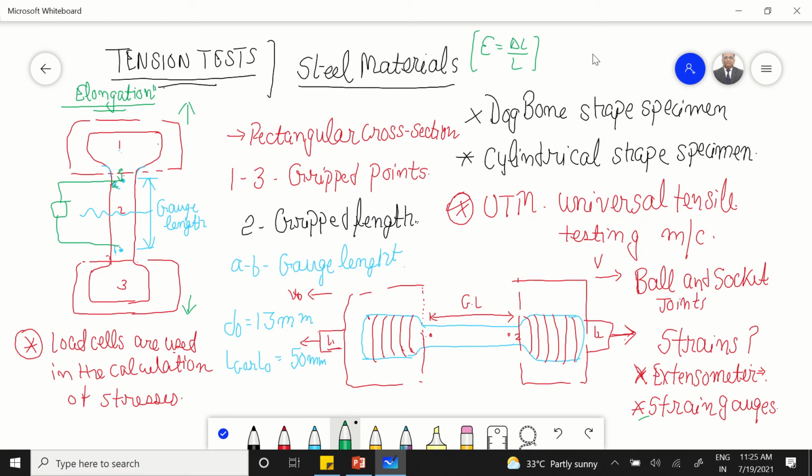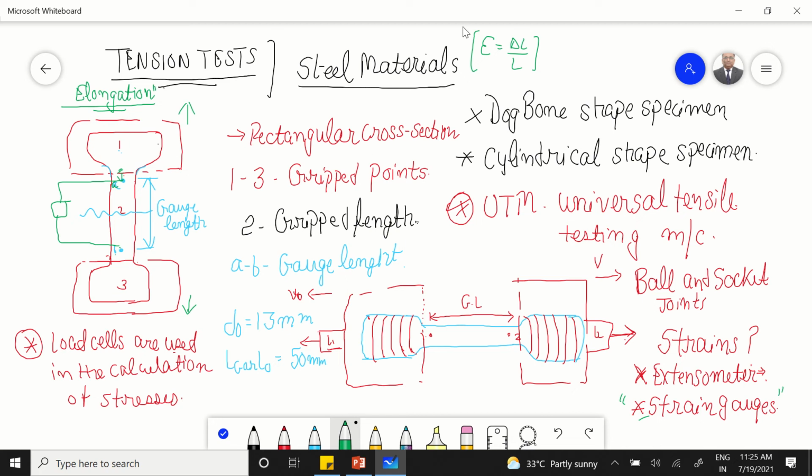This type of strain gauge is stuck to the surface of a specimen along its gauge length. It measures the change in electrical resistance, and that change is directly related to the strain of the specimen.